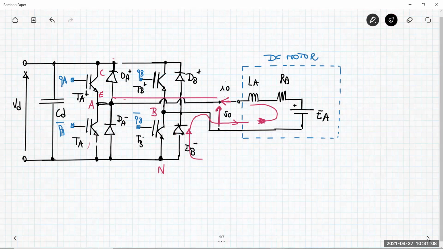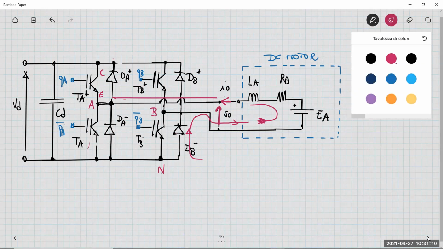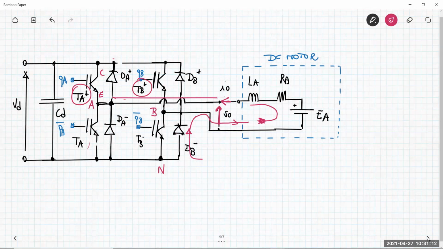So now the transistors that are on are TA plus and TB plus. The current enters the node A, and so in order to do that, you have to accept current flowing not through TA plus but through DA plus here. Okay.